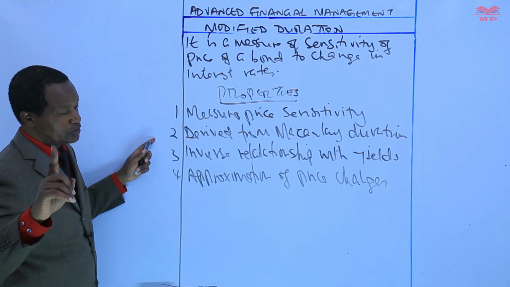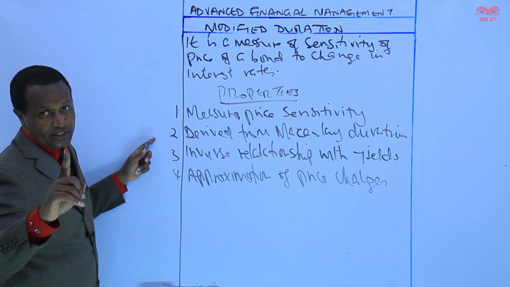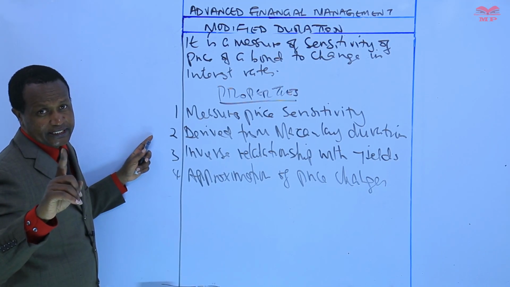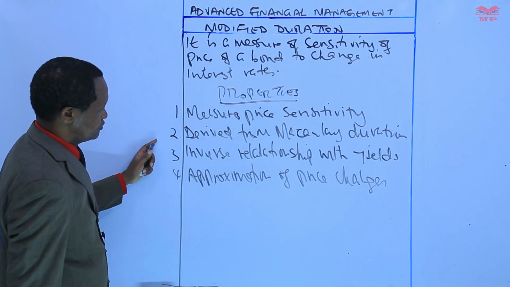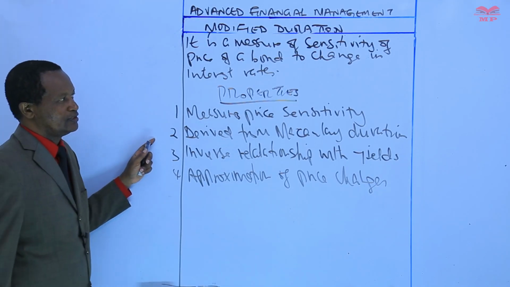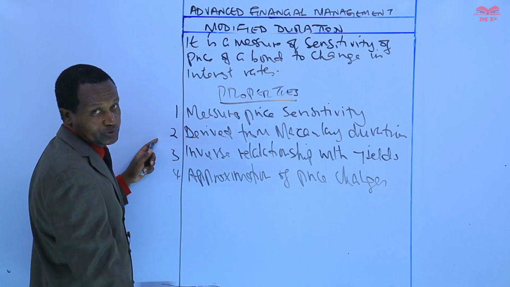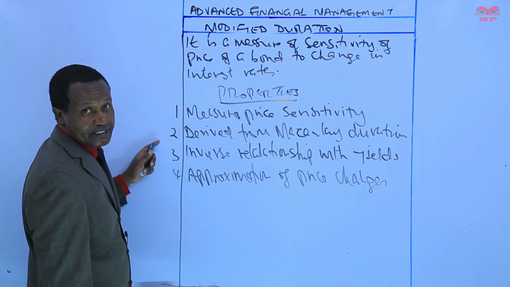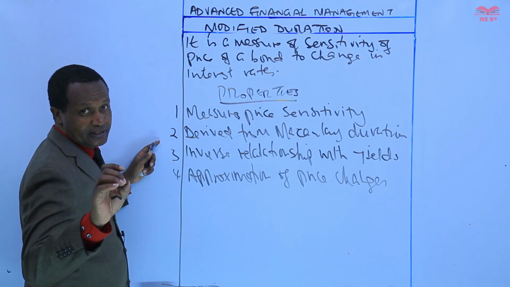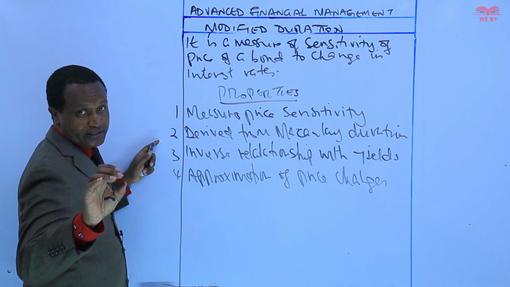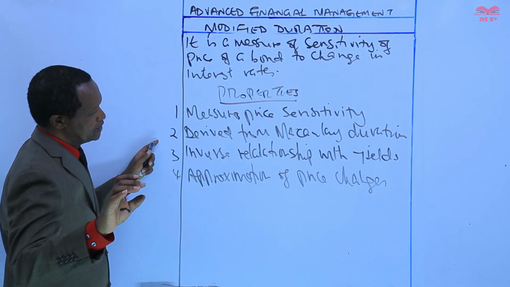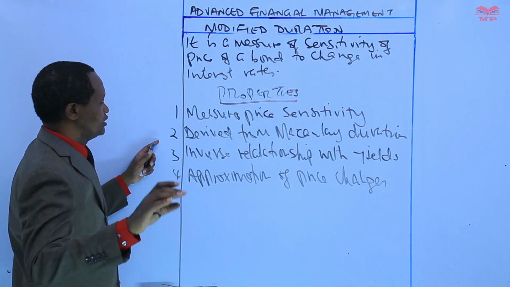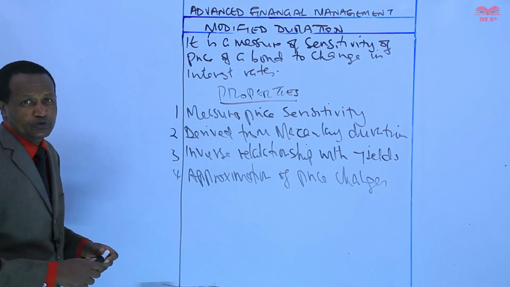But it's important to note, as we discussed earlier on, that it's a linear approximation of a non-linear relationship, which makes it yet again a limitation. It is used to approximate the changes in price of bonds.